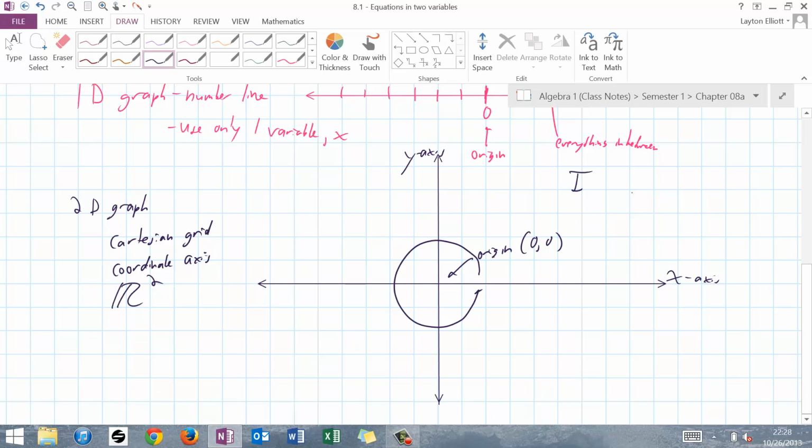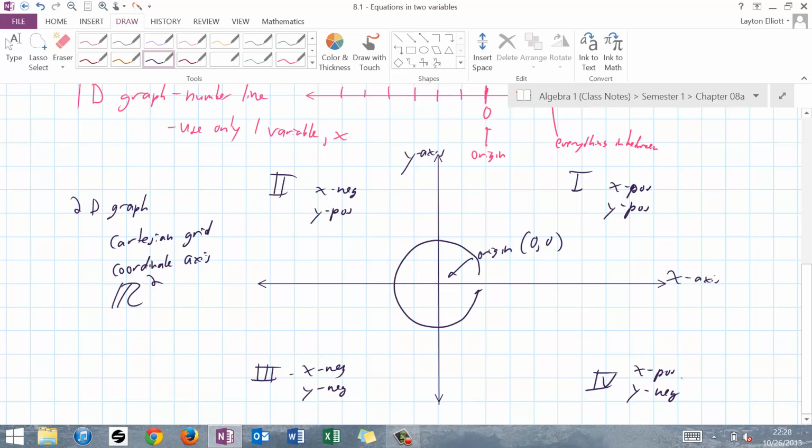In region 1, or quadrant 1, x is positive and y is positive. Then in quadrant 2, x is negative and y is positive. In quadrant 3, x is negative, y is negative. And in quadrant 4, x is positive, but y is negative.